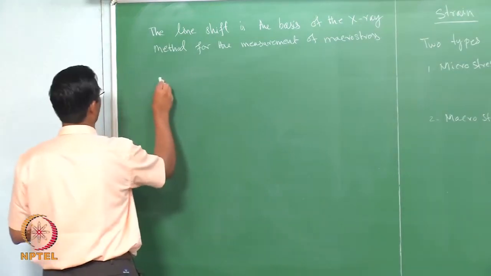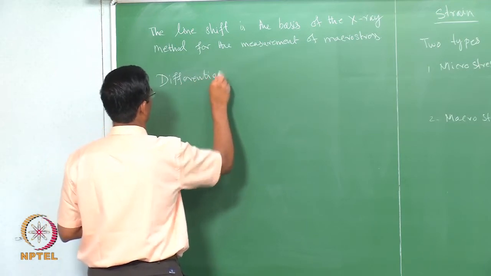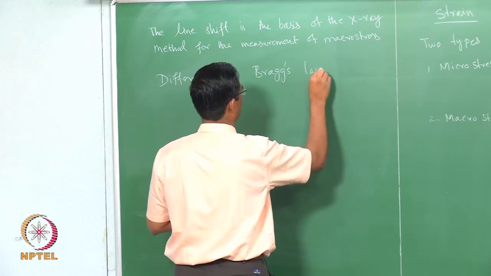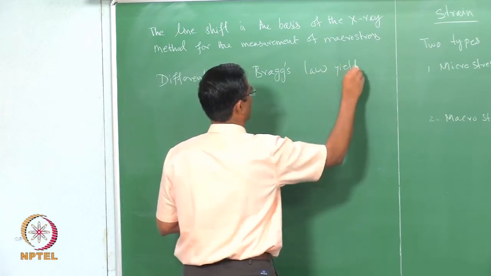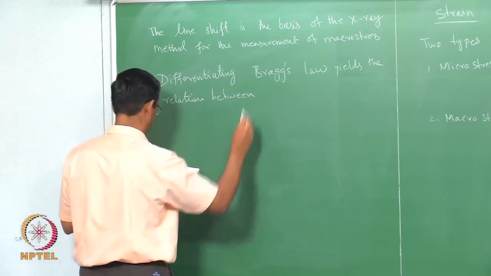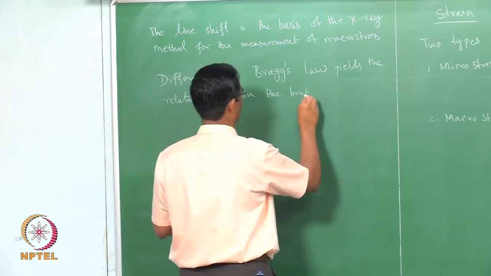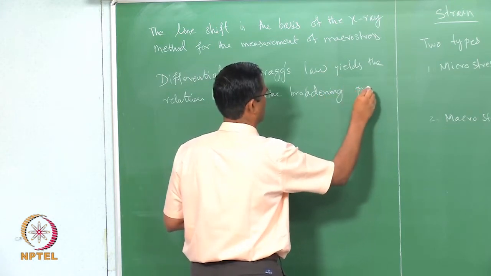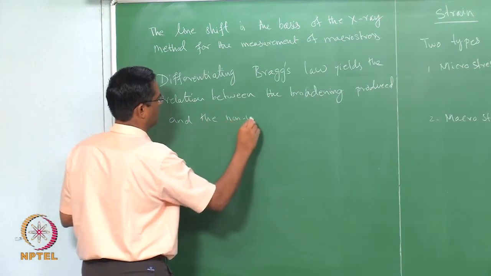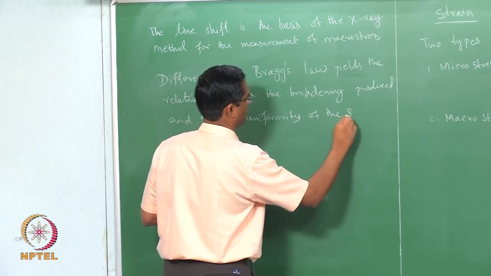If we directly differentiate, it yields the relation between broadening and the non-uniformity of the strain.